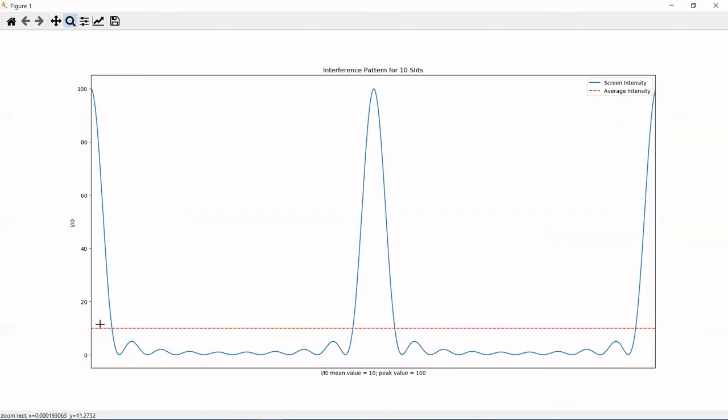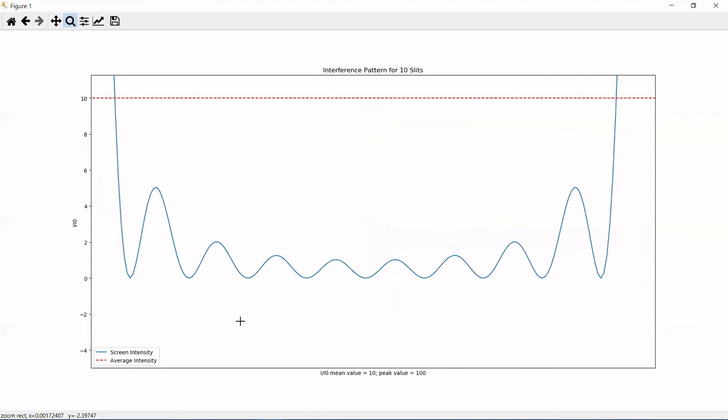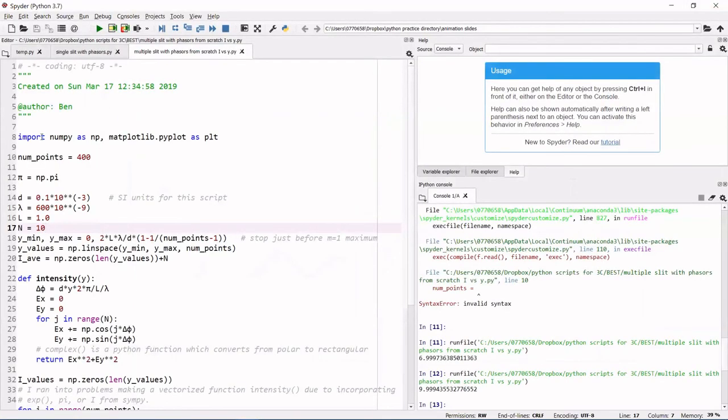I'll zoom in and count the number of minima in between maxima. 1, 2, 3, 4, 5, 6, 7, 8, 9 minima. So 10 slits, 9 minima. It does appear that this pattern holds in general. And maybe you noticed that curve was starting to get a little jagged.